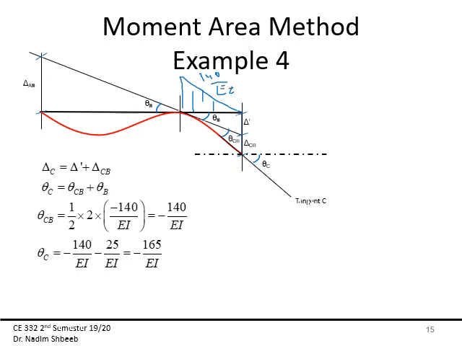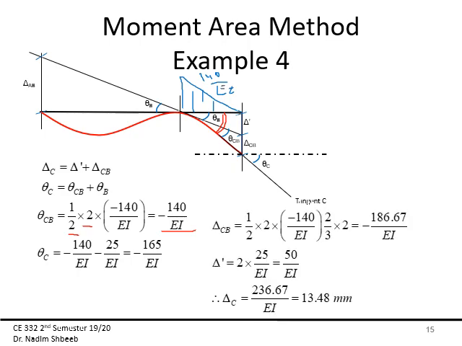Let's go back to red. Then theta CB is going to be 1/2 times 2 times 140 over EI, which is going to give me a value of 140 over EI. So now theta C, again, which is this whole thing right there, is going to be the addition of theta B plus theta CB, which is going to give me 165 over EI.